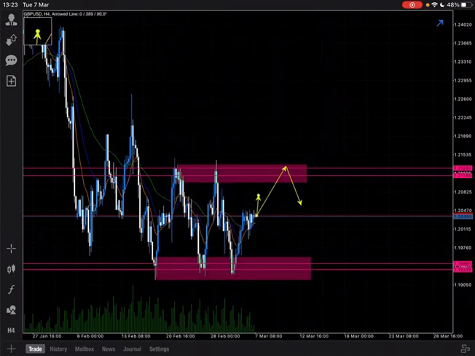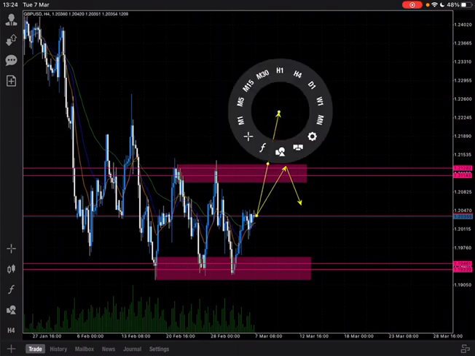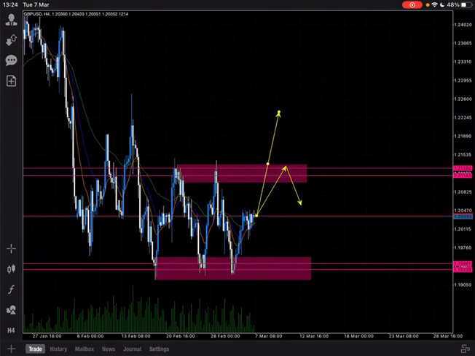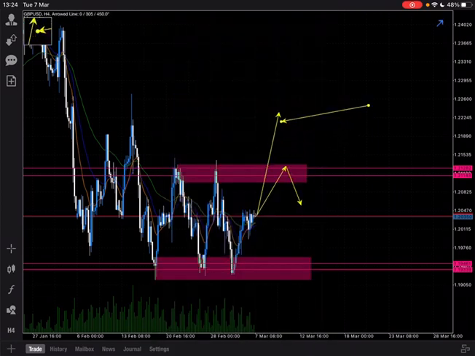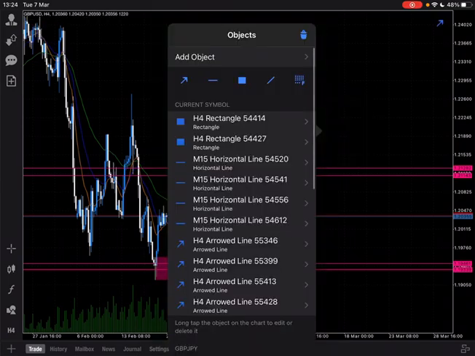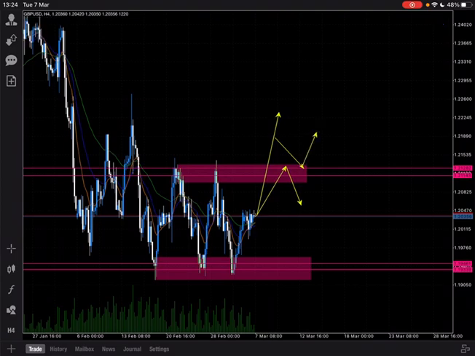But if it decides to shoot up and break this zone, meaning the closing of the candle happens above this zone, then potentially it might want to test a higher zone. After breaking, price can either just continue shooting up or retrace back into the key level like this and use the key level for a better buy up.